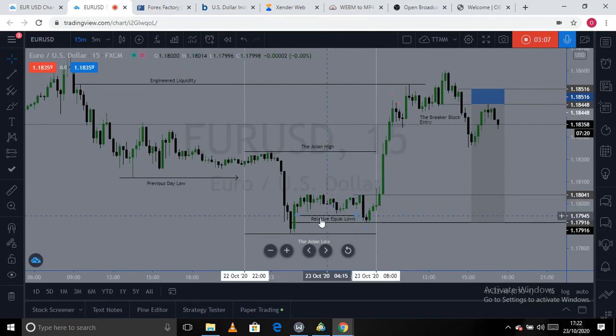When you see relative equal lows or relative equal highs, you see these are relative equal highs. This high here is actually equal. But why can't I sell? Because you need to have a bias. If you are buying, just stick to buying. Not like, what if it's going to sell?